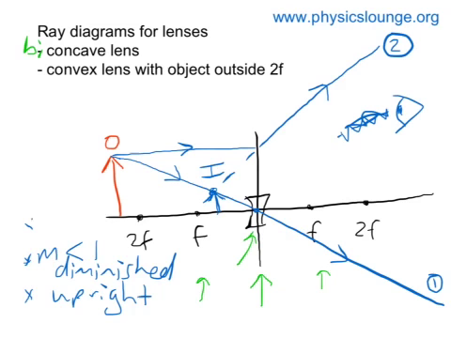And there's one other thing: is it real or virtual? In this case, because it's come from dotted light rays, even though you can't see the dotted light ray from that ray down the bottom, it still appears to come from a point. And the image is at a position where if you put a screen there, you definitely wouldn't get an image produced. You would just block the light rays and stop them coming through. So this is a virtual image.